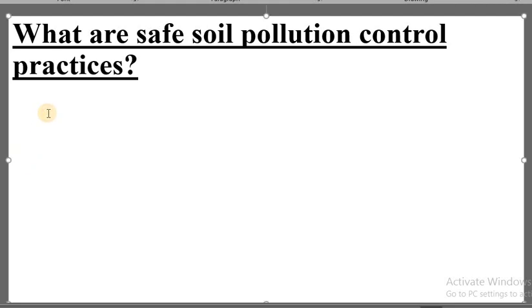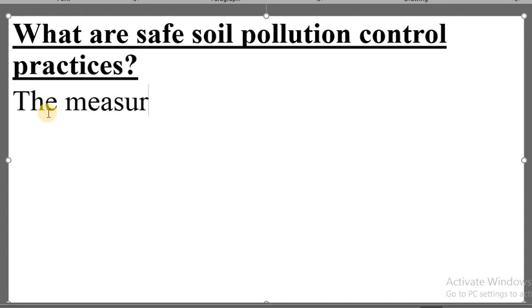Now, practices meant to control soil pollution, we can explain them as the measures taken by the farmer to reduce pollutants in the soil. I'll type that for you.